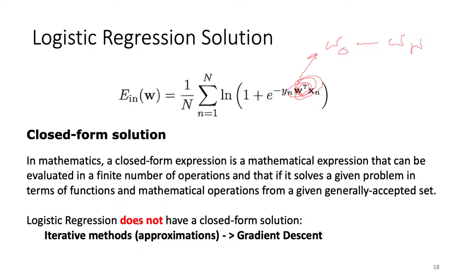So the only thing we can do is approximate the solution using different methods, all of which are under the umbrella of iterative methods. We start from one point and iteratively try to find a better solution down the road, right? But all of them are approximations, not a closed form solution.